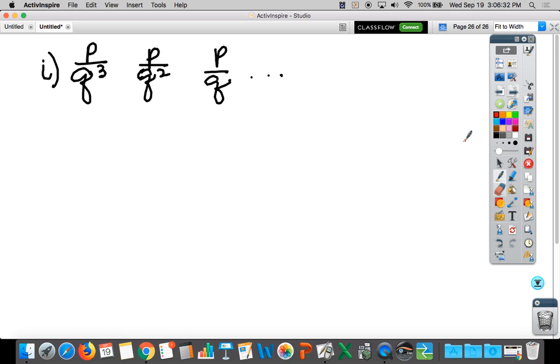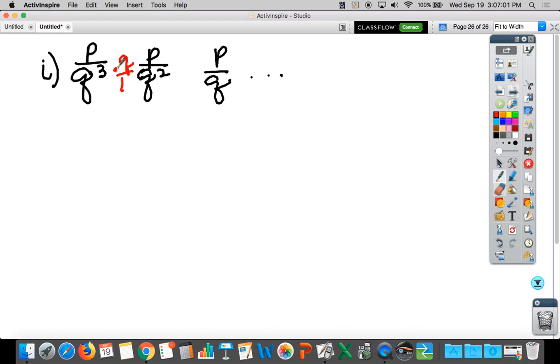It's not the same. Dividing by Q and dividing by 1 over Q are two different things. Dividing by Q is multiplying by 1 over Q. Dividing by 1 over Q is multiplying by Q. So let's just make this easy, what could I multiply by?